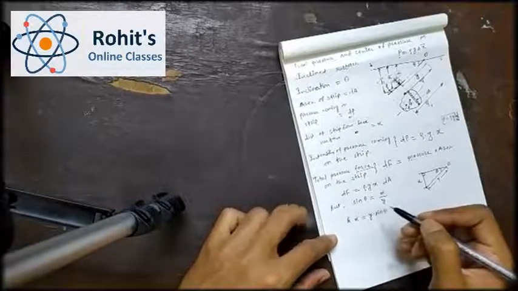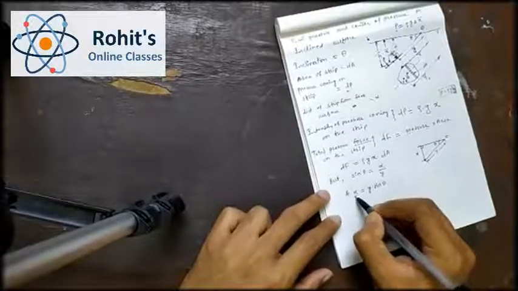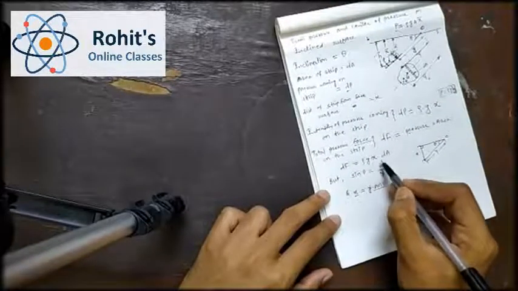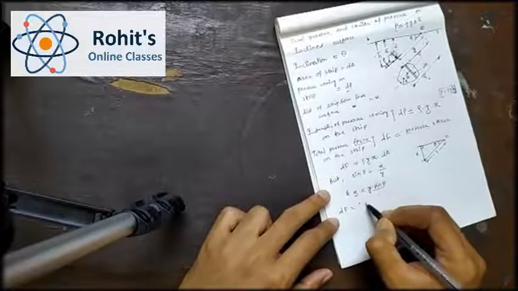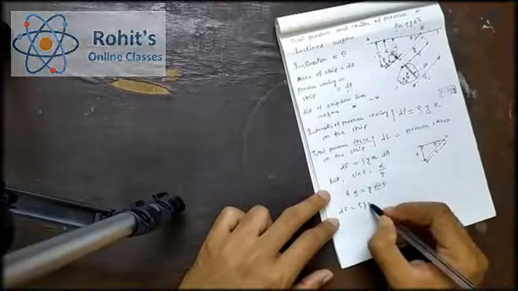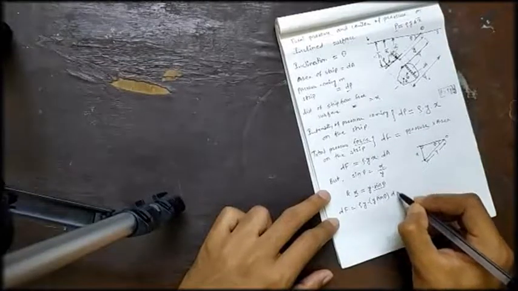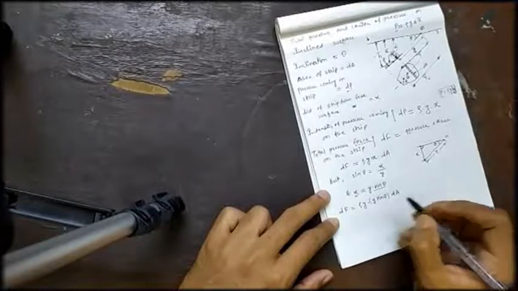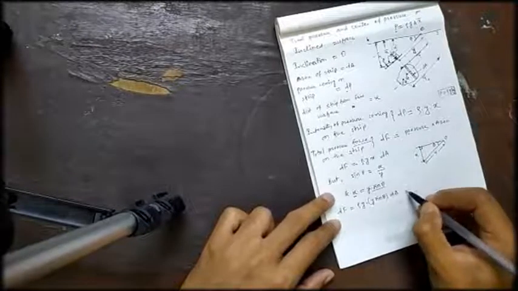Now I will put this value of x into this equation. So our dF becomes rho g into y sine of theta into dA. Correct. So this is our equation, which I will write as equation number 1.